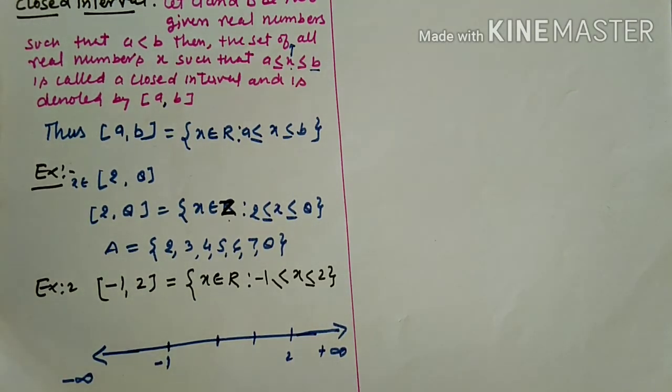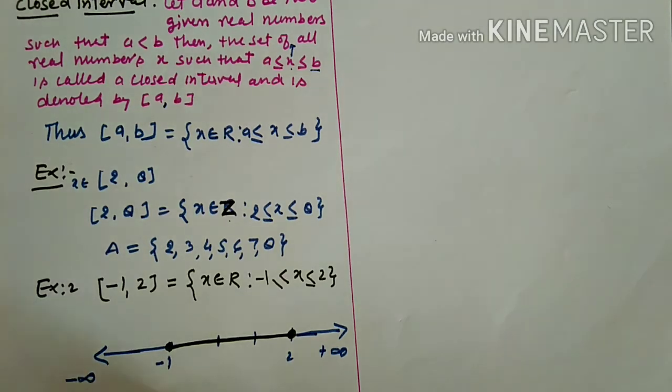So we are drawing the set of real numbers that is between -1 and 2. So at -1 we will form a dot, black dot, and at 2 also. Clear? It means -1 and 2 are also included.